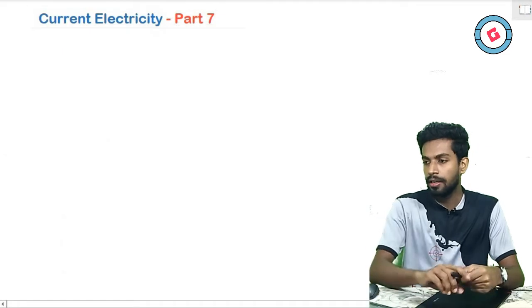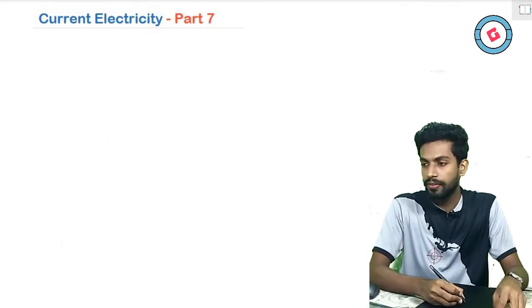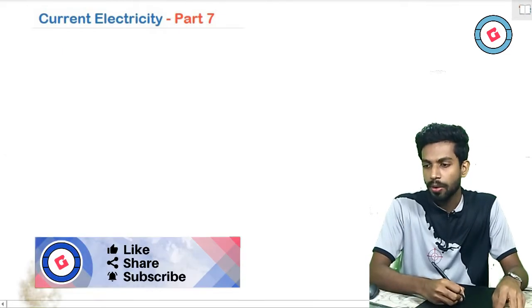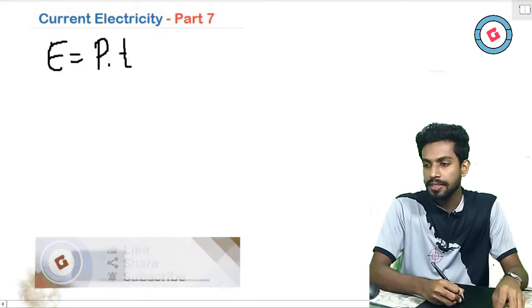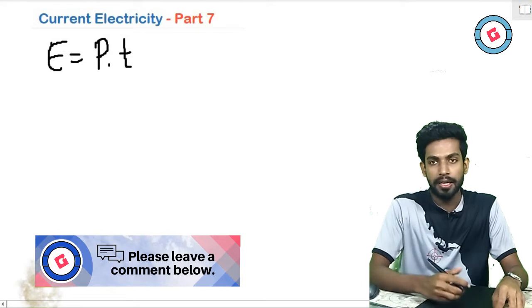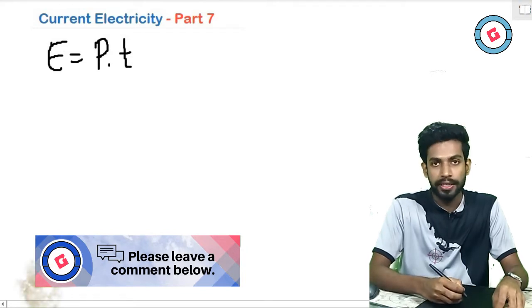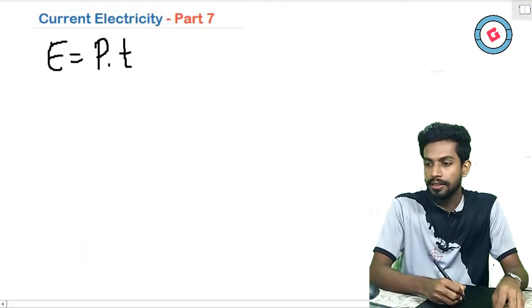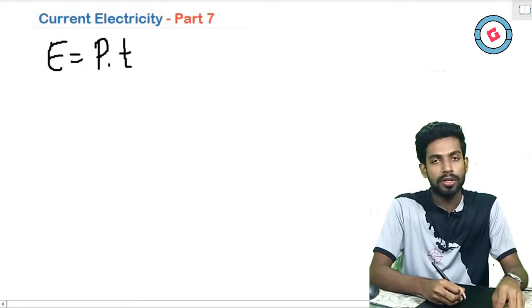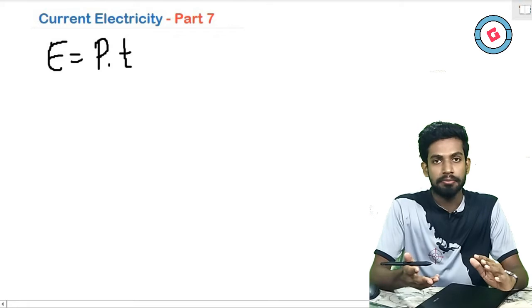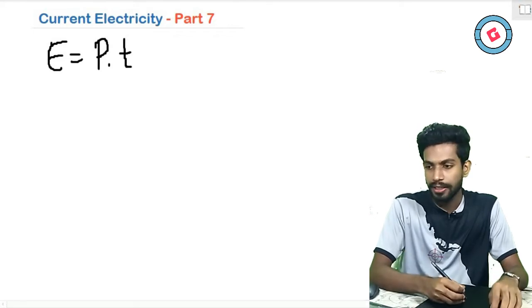And next we are moving into electric energy. As we know, energy is power times time. If we multiply power by time, we can obtain energy. We learned three equations for power before, so if we multiply them by time, we can obtain the electric energies.